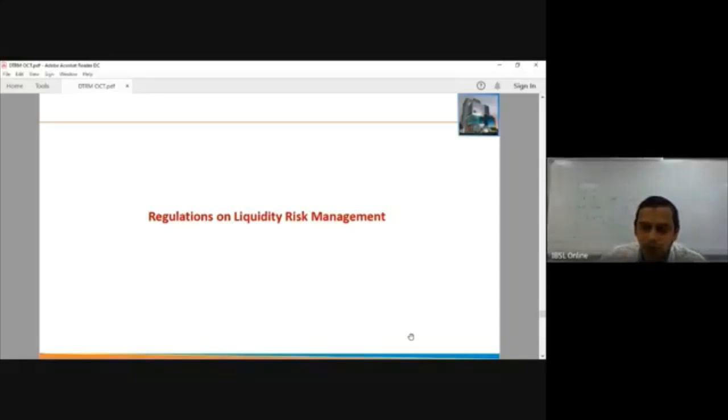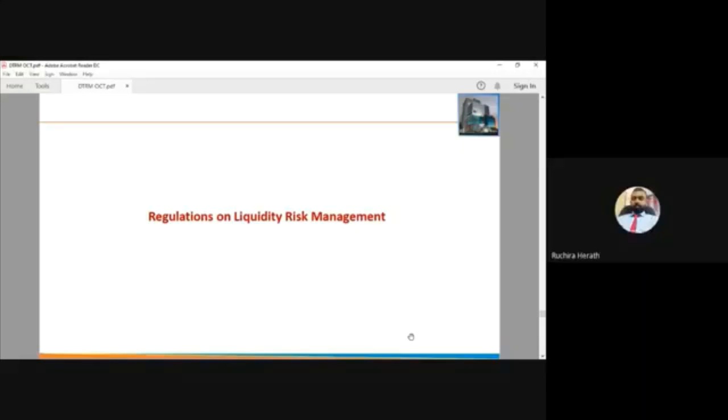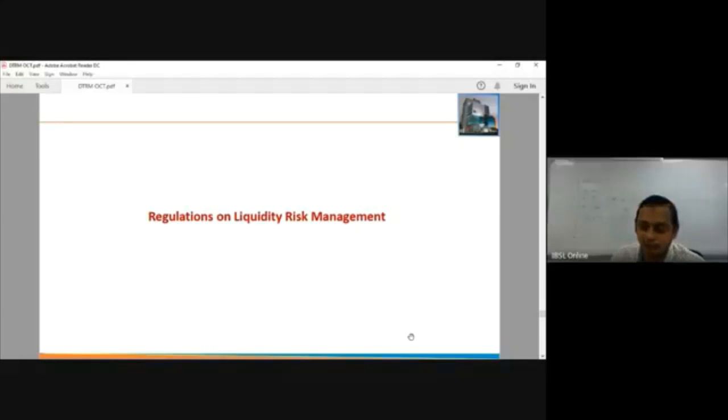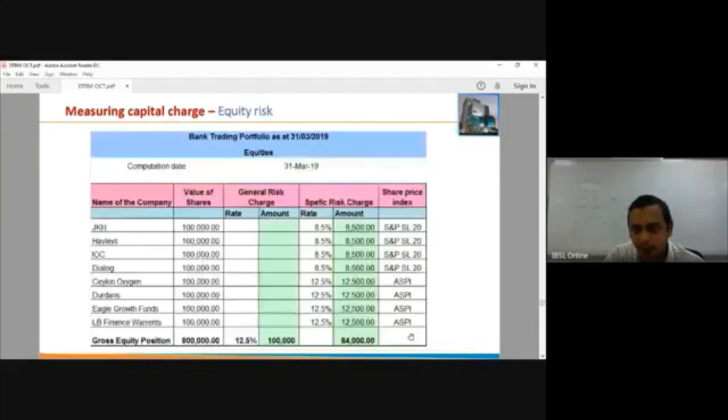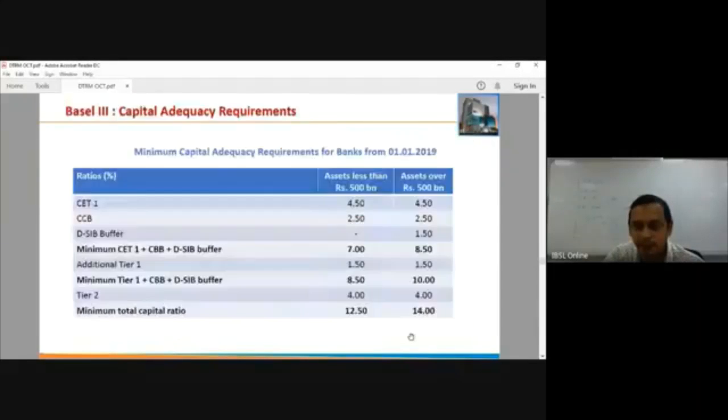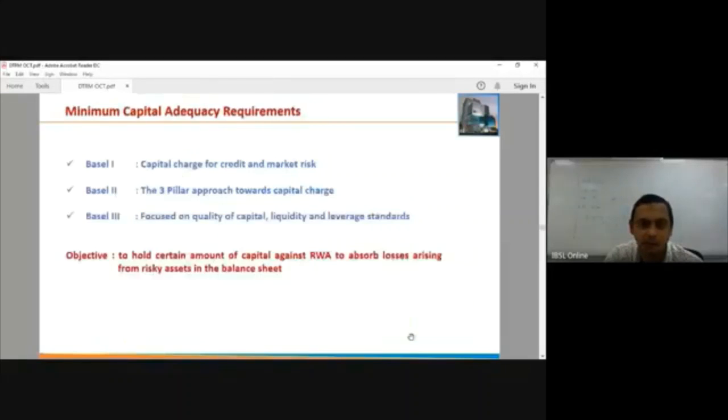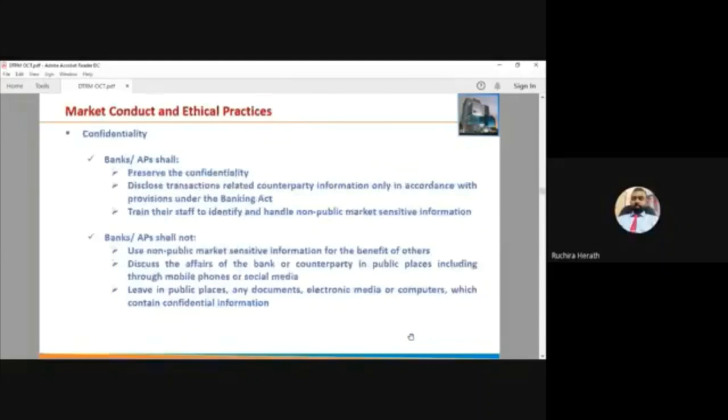For local borrowings by bank, no limit, but for foreign currency borrowing, there is a limit. Maximum amount of accommodation is applicable when a bank gives loans to others. And foreign currency borrowing has a separate regulation, which I covered in my first class.